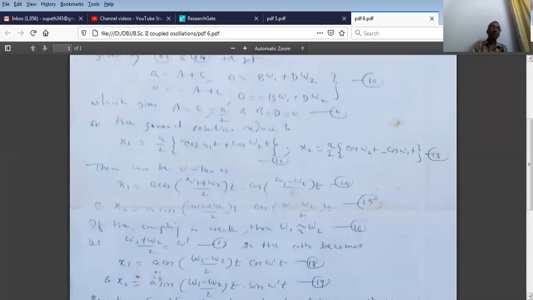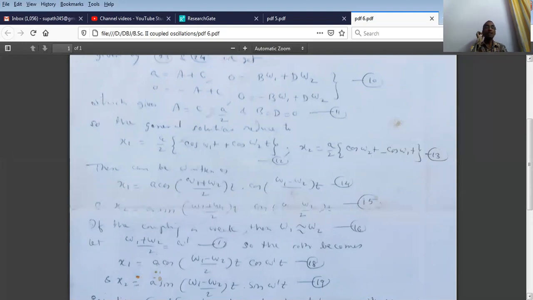This is equation 40. And x2 equal to a sin ((omega 1 plus omega 2) divided by 2) into t, and cos of ((omega 1 minus omega 2) divided by 2) into t. Equation number 14.